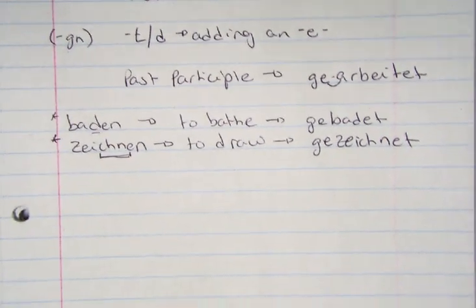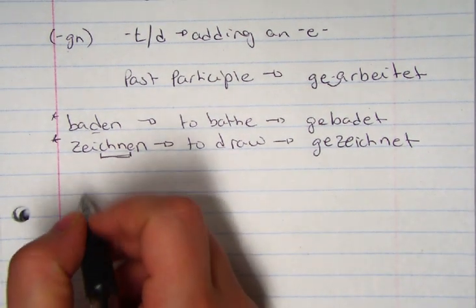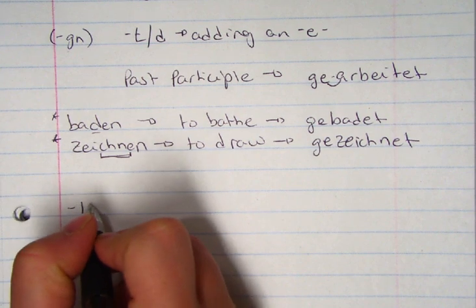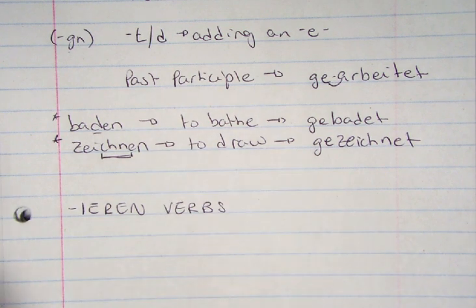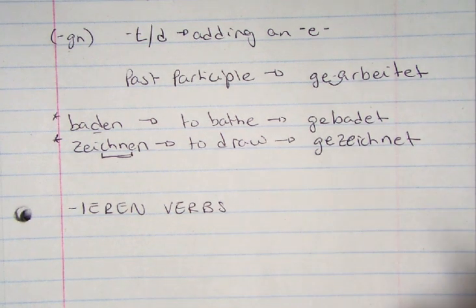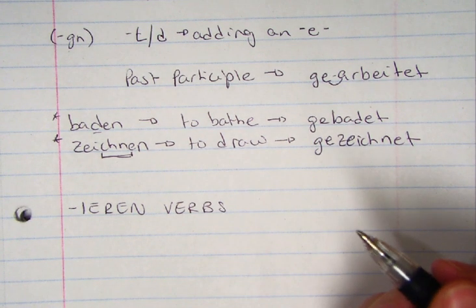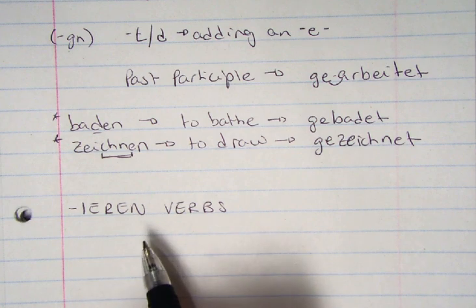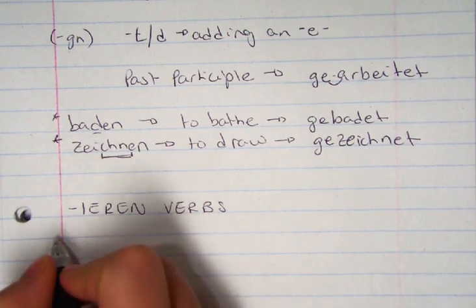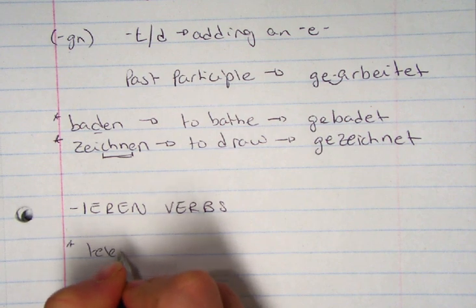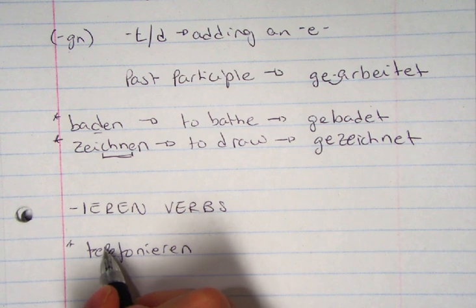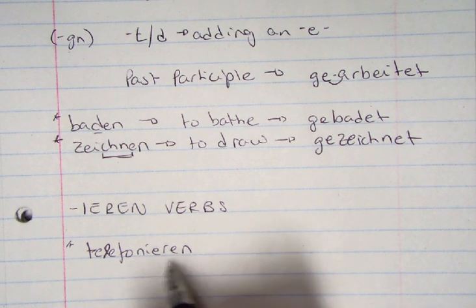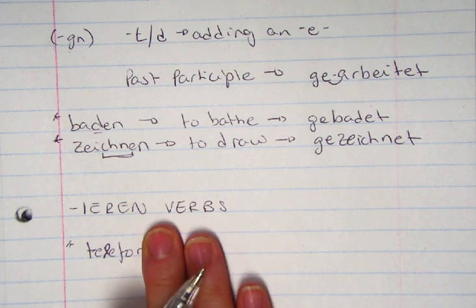There's one more thing you need to know about regular verbs. There's a group of verbs that we refer to as ieren verbs. Now, ieren verbs are actually verbs that sound very much like English words. They just have ieren added to the end of it. So one of the ones you guys learned in German 1 would be telefonieren. Of course, we don't say that we telephone people anymore in American English, but telefon, you guys definitely understand is a telephone.